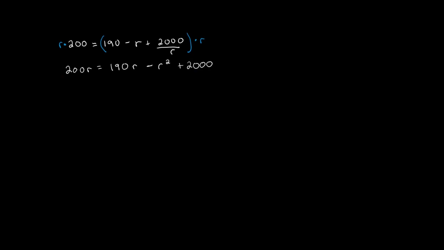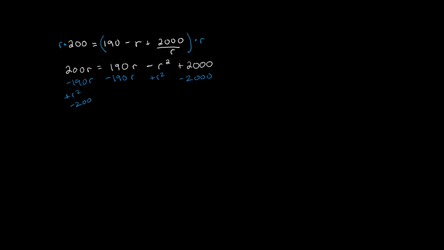So we want to get everything all on one side. I like to have positive numbers for my r squareds. This is a quadratic. We're going to have to factor again. So I'm going to move everything to the left. I'm going to subtract the 190r, add an r squared, and subtract 2,000.